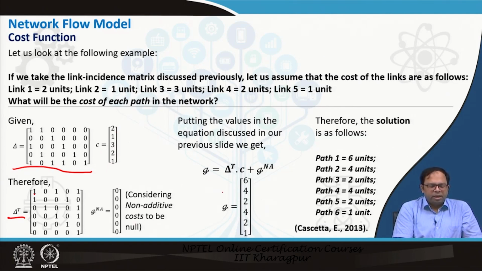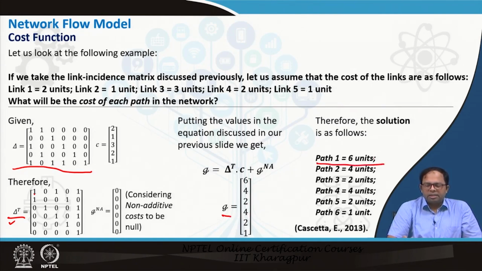So then we multiply delta T, this transpose matrix, with C. So this is matrix multiplication. We multiply 1 into 2 plus 1 into 1 plus there is nothing else. In that way, we arrive at the path cost, which comes to G is equal to 6 4 2 4 2 1 for each of these particular paths.